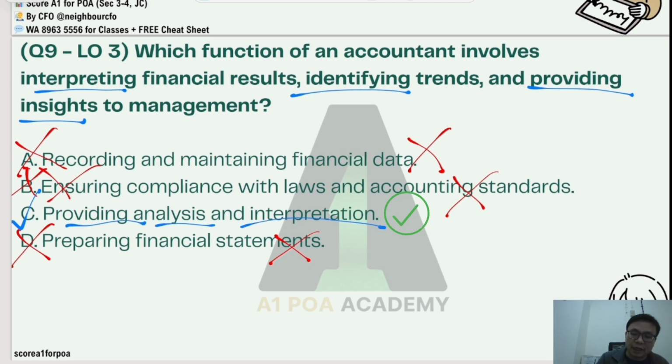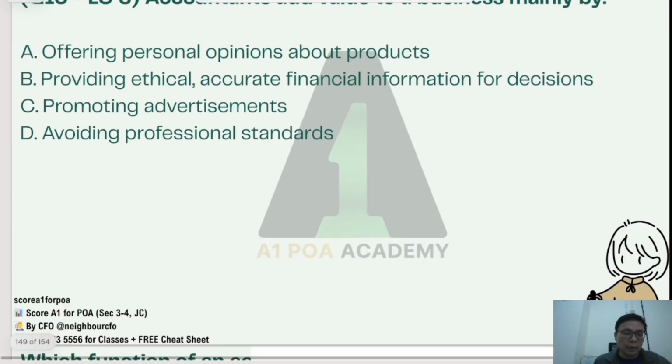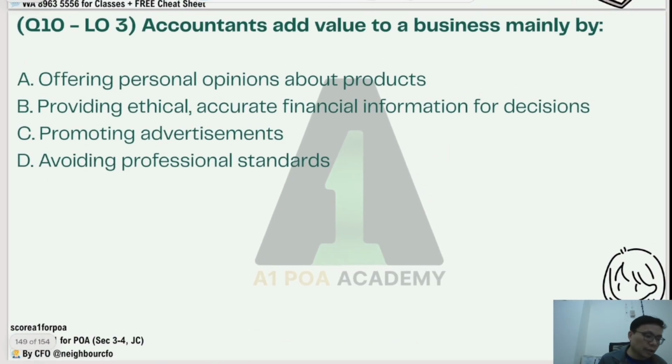Providing analysis and interpretation is the best fit in terms of illustrating the function of the accountant that involve interpreting, identifying, and providing insight to the management. So answer is C. We come to the last question, question number 10 under LO3.